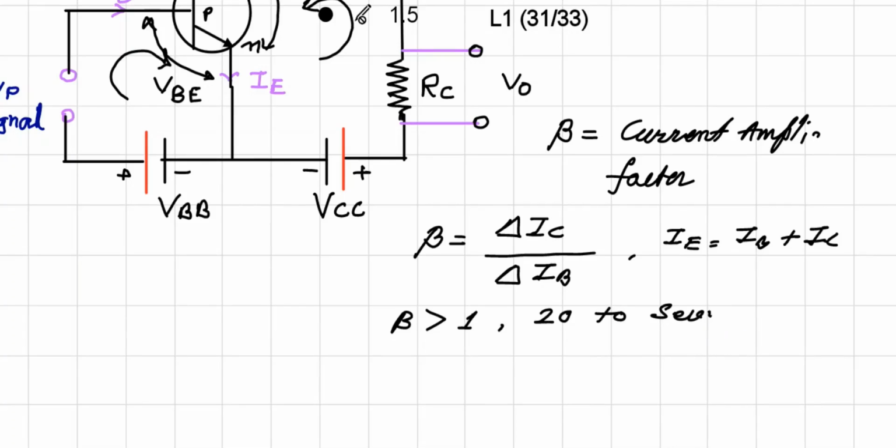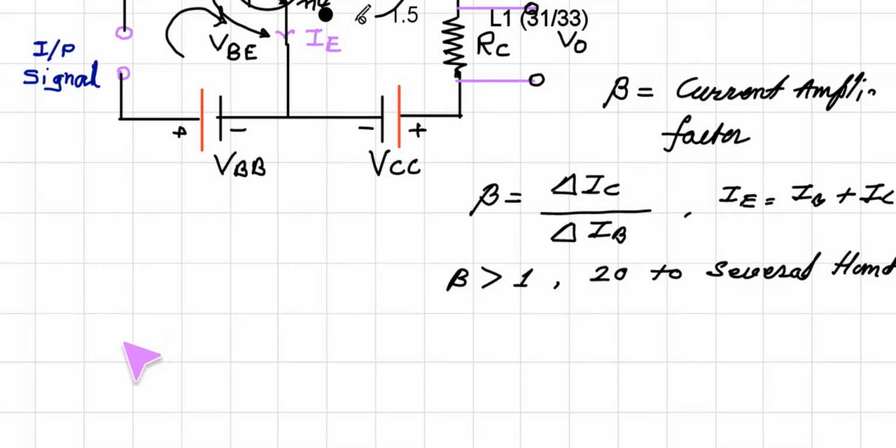So we already saw alpha, and we already saw beta. Both are current amplification factors. On the output side, the ratio of IC with respect to IE gives us alpha, and IC with respect to IB gives beta.